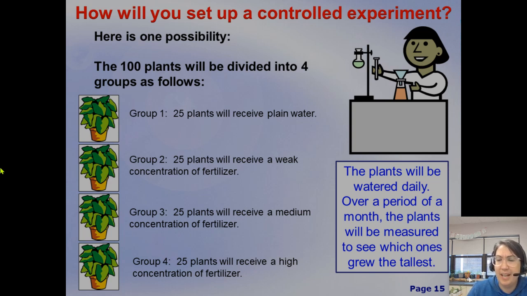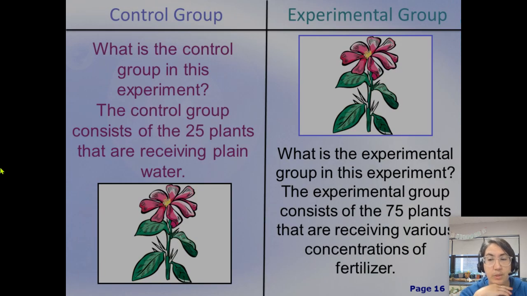All right, so we have to examine why I picked these 4 groups as the ones in my experiment. First, let's think about controlled versus experimental. What's my control group? You have to have a control group in order to see if your testing actually makes a difference.